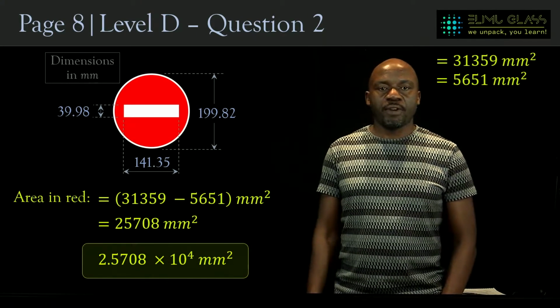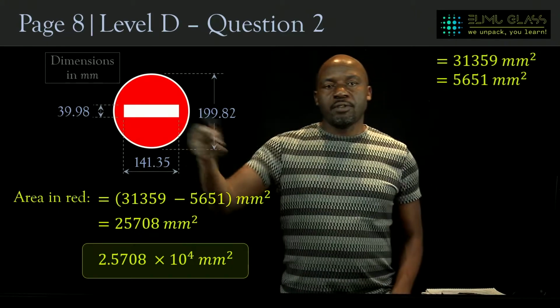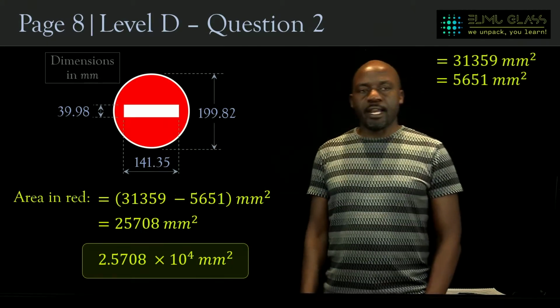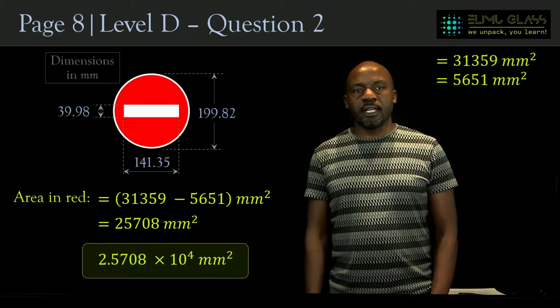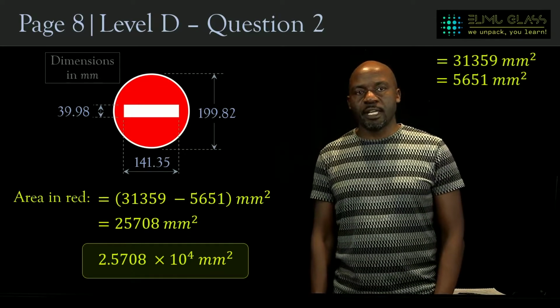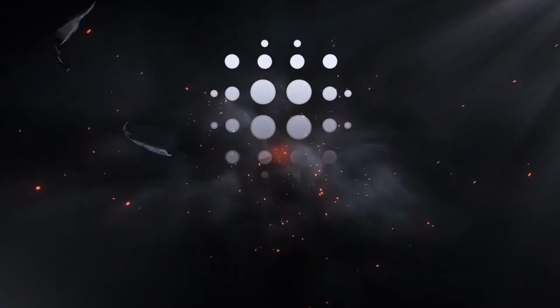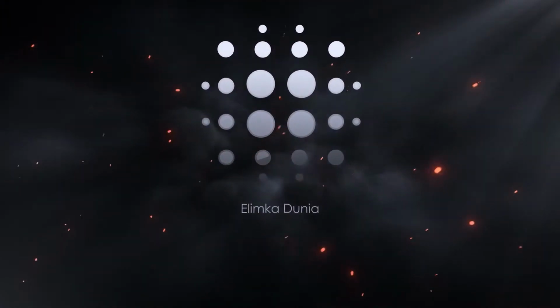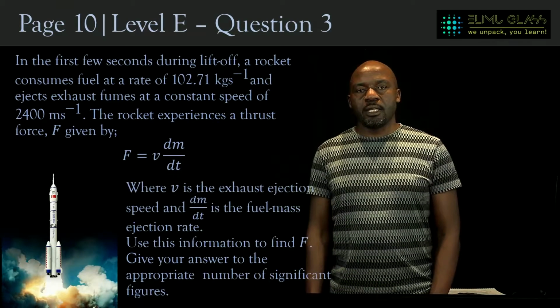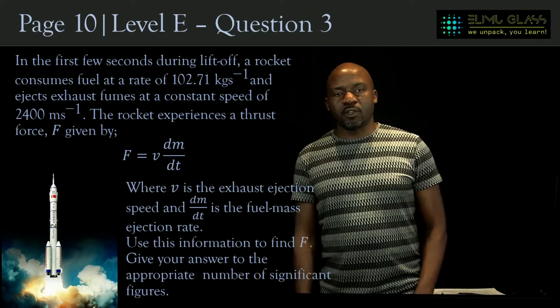That has to be our final answer for the area of the region that is shaded in red. I hope you are understanding this. Let's go to the next question, possibly the last one, I believe. Let's see. Yes, this is going to be the last question.